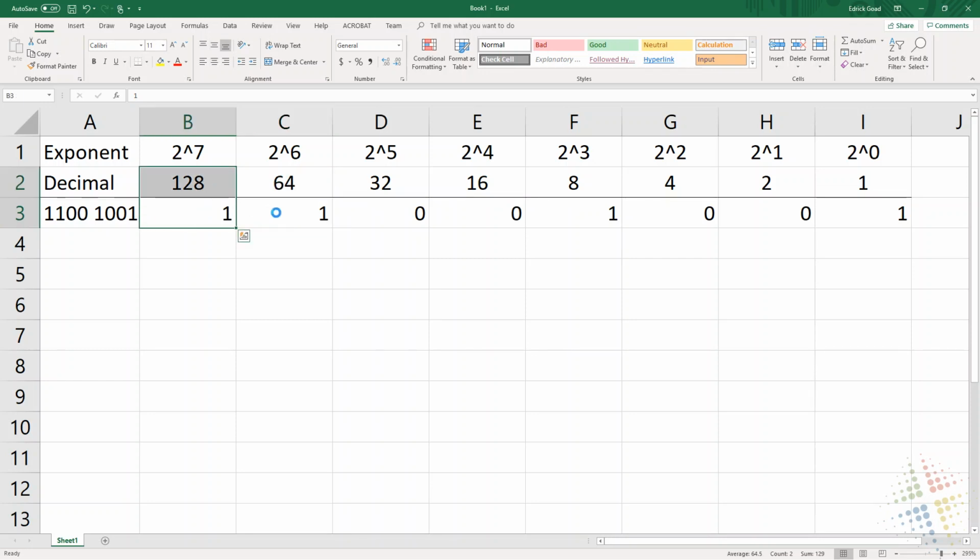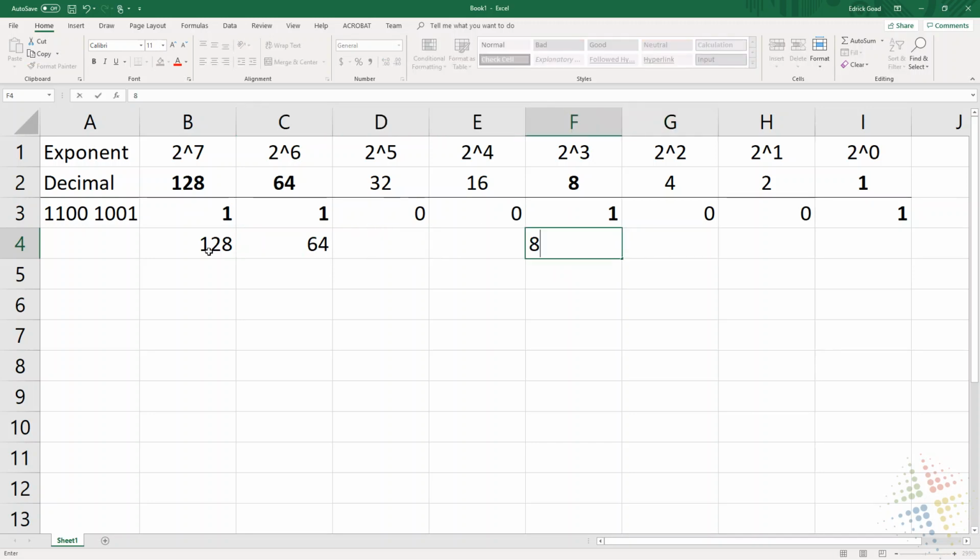So here I have a 1, here I have a 1, here I have a 1, and here I have a 1. And what I do is I essentially add all of those together. So 128 plus 64 plus 8 plus 1.